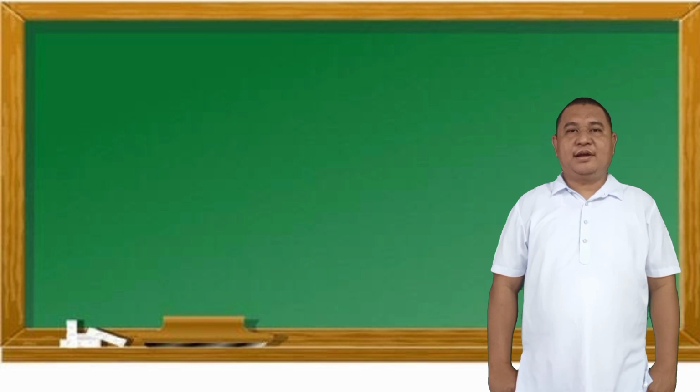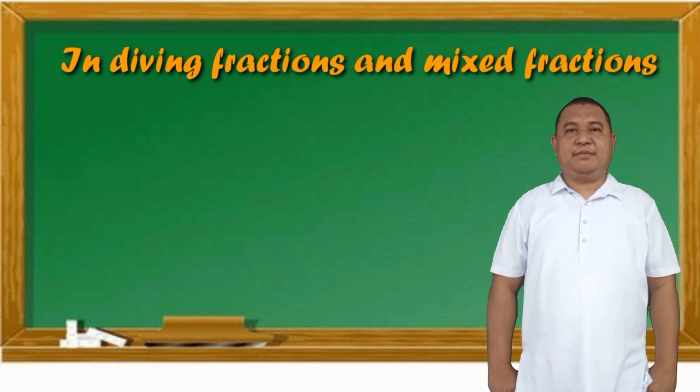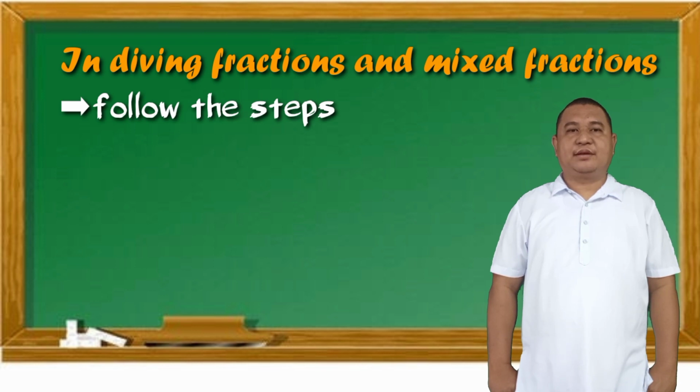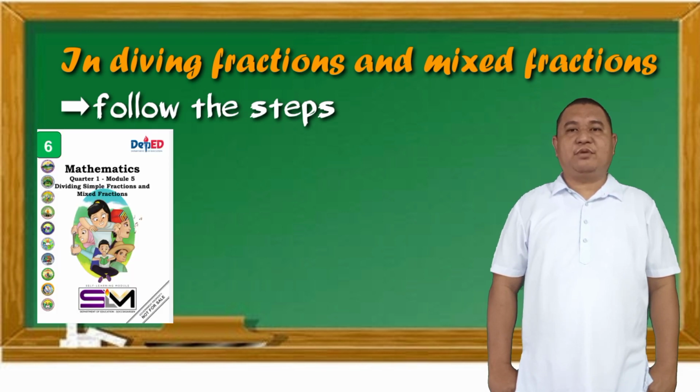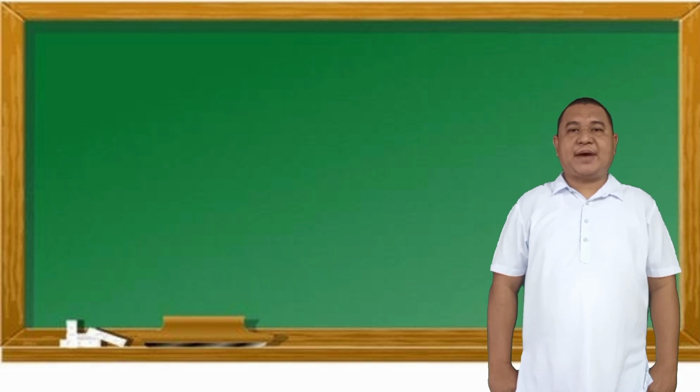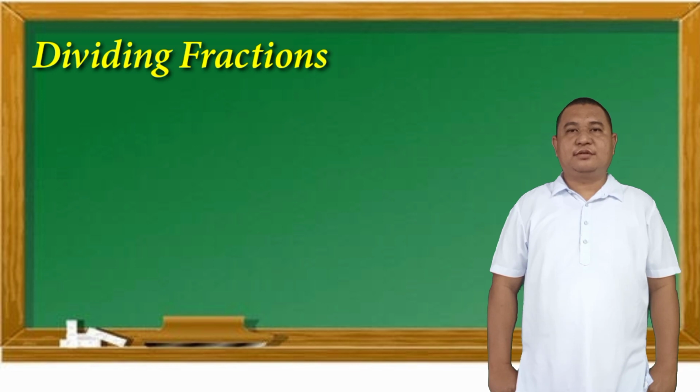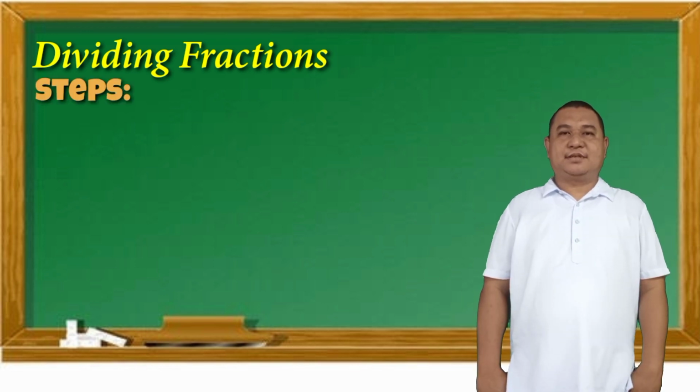Just remember, in dividing fractions and mixed fractions, you have to follow the steps carefully. You can find it in your module, page 16. But to simplify the process of dividing fractions, you may also follow these steps. First, copy the dividend.